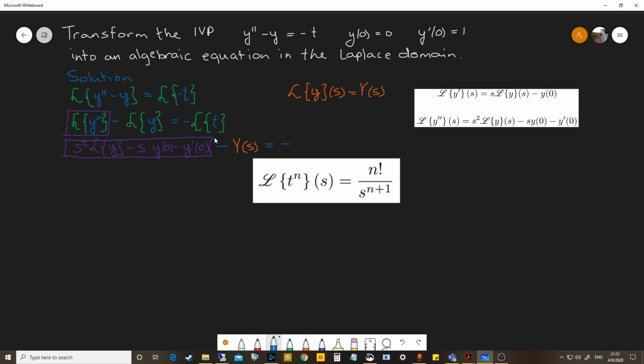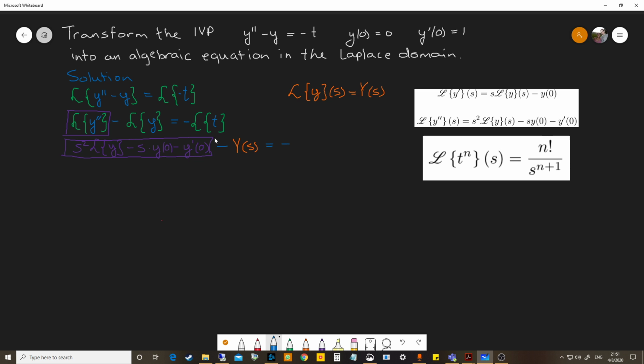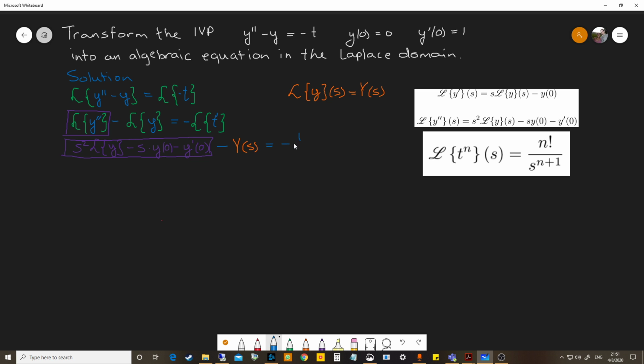For that, we can use this property: the Laplace transform of t to the power n is n factorial over s to the power n plus 1. We just have t here, so we can think of this as t to the power 1, and our n in this identity is 1. So we get 1 factorial, which is 1, and then s to the power 1 plus 1. So the final answer is minus 1 over s squared.